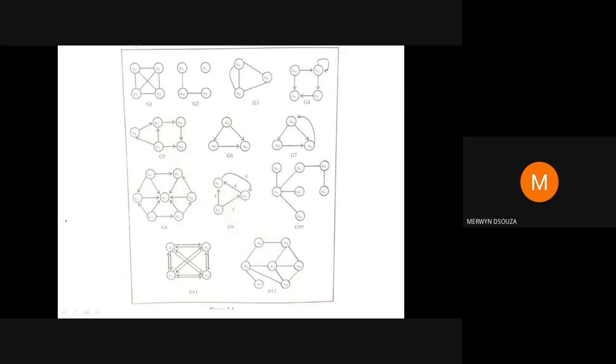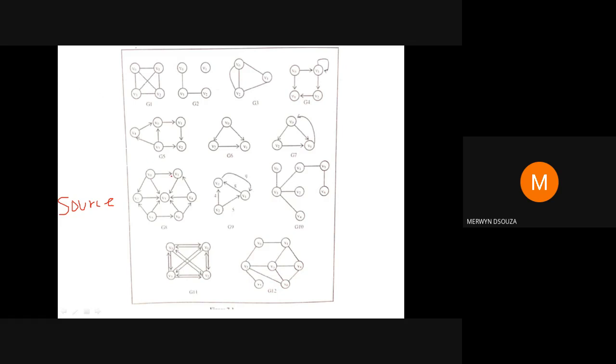Next definition that you need to know is the source. A vertex which has no incoming edges but only has outgoing edges is called a source. So the in degree of a source is 0. That is the other definition for it.